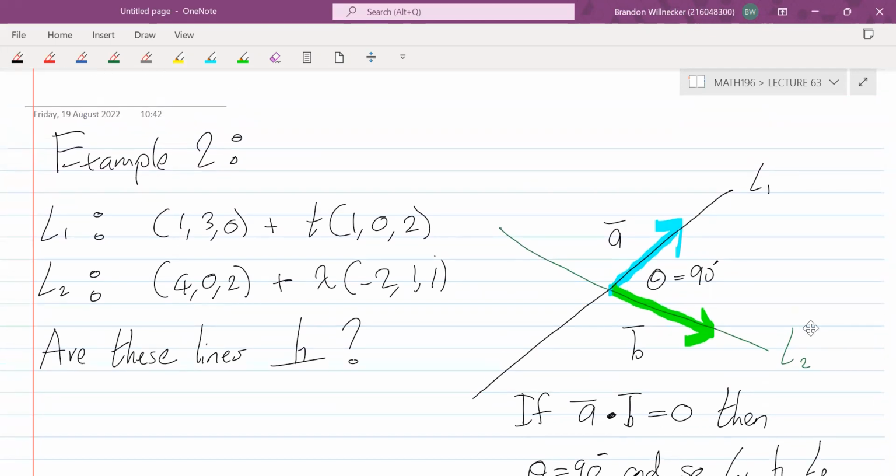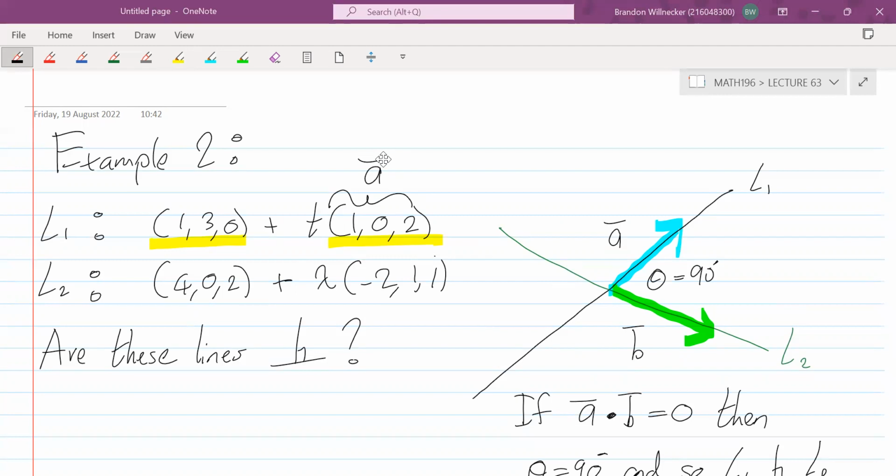Well, we already know what they are, because remember how we construct these lines? We find a point along the line, and then we provide a direction to the line. So this first vector here, (1, 3, 0), that's a point on the line. The second vector, (1, 0, 2), the one with the parameter, that gives us the direction. So in this case, this second vector here, this is our A vector.